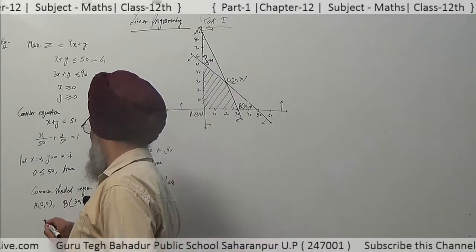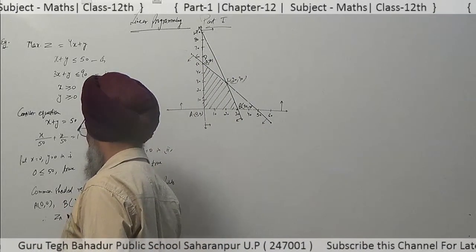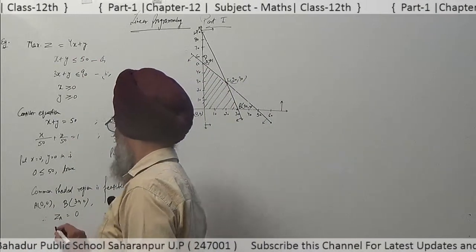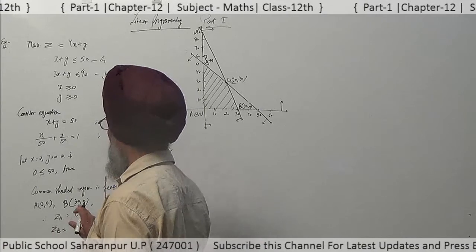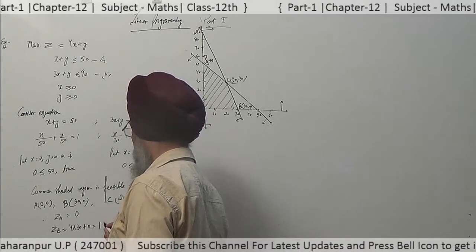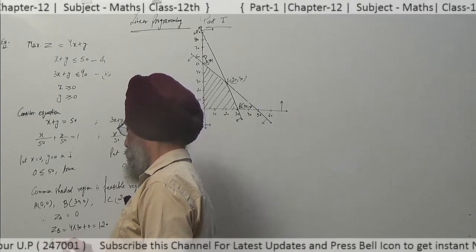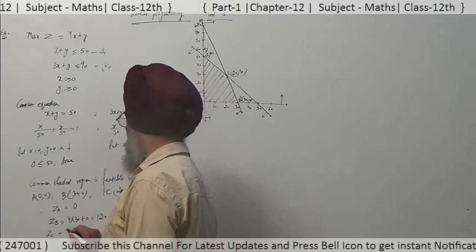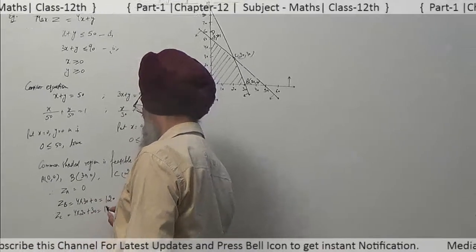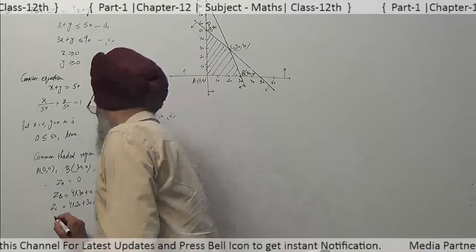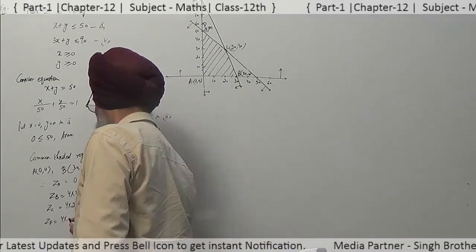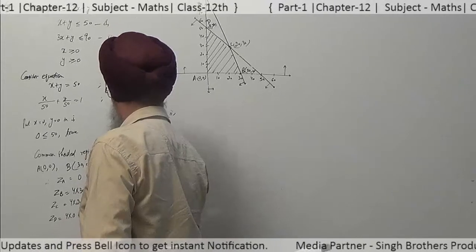Therefore, the value of z at A, that is x 0 and y 0, gives you 0. Value of z at B, that is x 30 and y 0, is 4 into 30 plus 0. Z at C, that is x is 20, y is 30. Z at D, 4 into 0 plus 50.